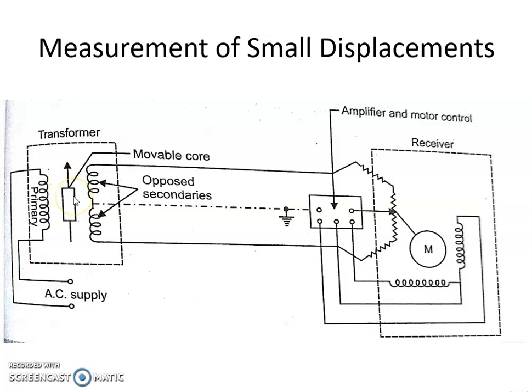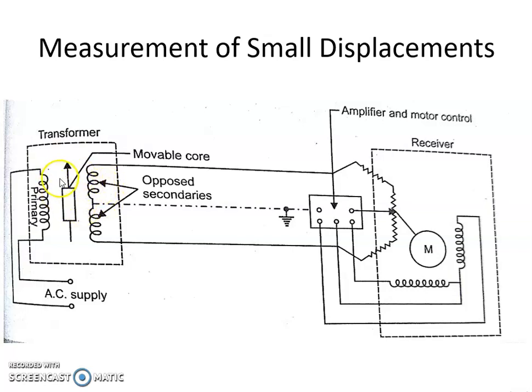When the core is at the center and we give an AC supply across the primary winding, the voltages induced across the two secondary windings are equal in magnitude and opposite in direction. Therefore, the net induced voltage across the secondary winding will be 0. Now, because of linear displacement, suppose the core moves in the upward direction.